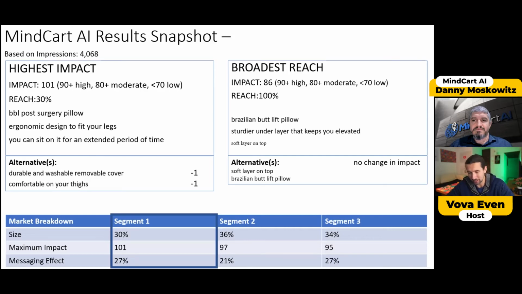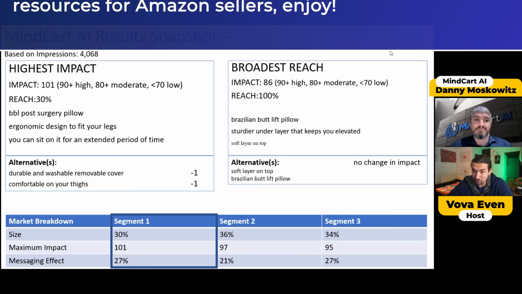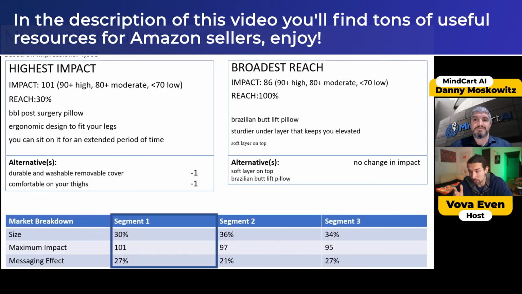And I'll guess here, again, guessing might not be the best thing, but let's say their pain after the surgery is still very strong, because we want to avoid pain, maybe post-surgery BBL, on the left, is very high impact. The person that's post-surgery just wants to get rid of the pain as fast as possible. Maybe, I'm not sure here. So this word is post-surgery. Yes, that's me, help me. I need some help. I want to sit. I want to get back to life, and then boom, they buy.